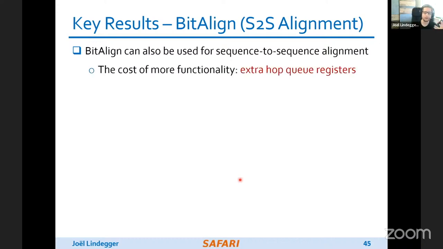Clearly there are some overheads in SeGraM. The fact that we can handle sequence to graph alignment means that there are these extra hop queue registers, which come at a cost in area and power. But it turns out that they do not cost us performance. So we still have equally high throughput, for example, as GNASM.